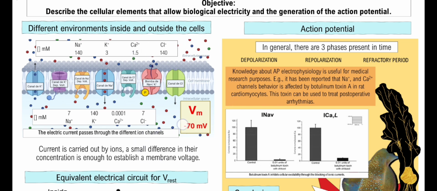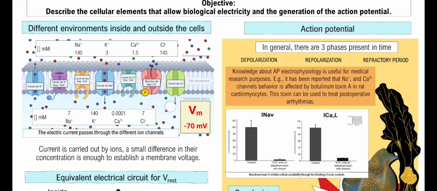Here you can see the concentration of the ions outside the cell and the concentration of ions inside the cell. So there are different concentrations that establish an electrochemical gradient, establishing voltage in a membrane.